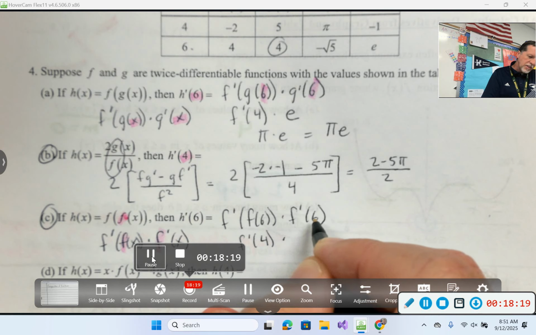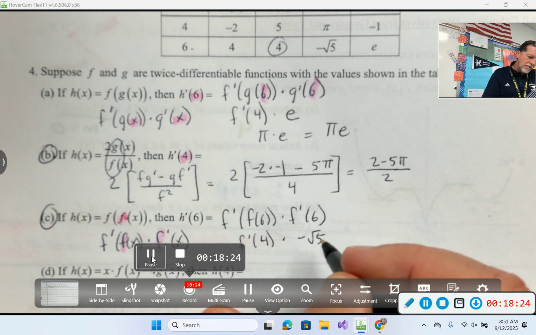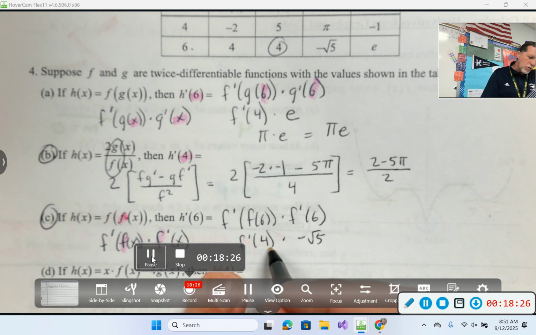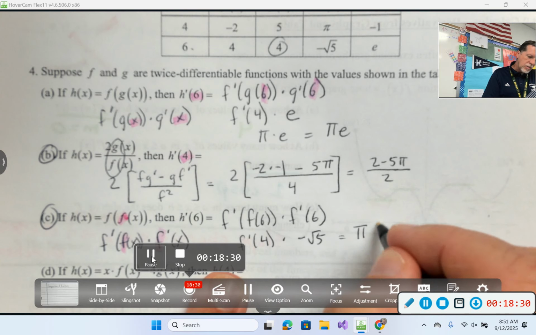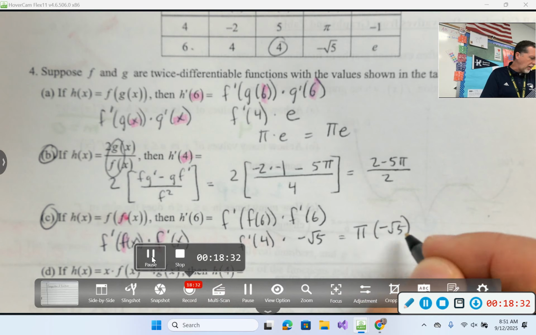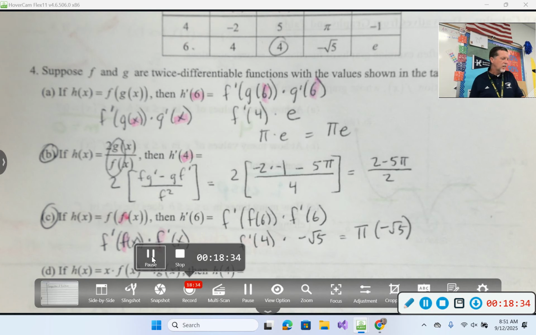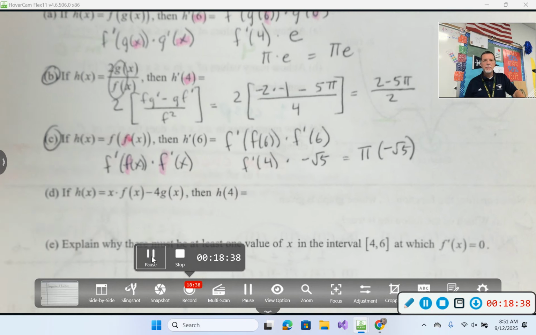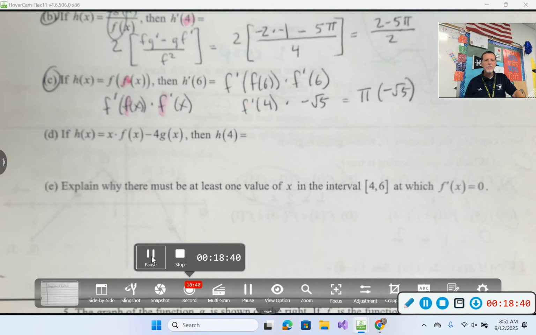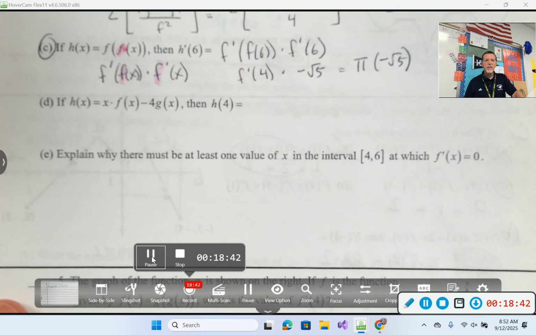F prime of 6 is negative square root 5. F prime at 4 is pi. So pi times negative root 5. That's a lovely answer. Alright, we did one like D. We can skip that.